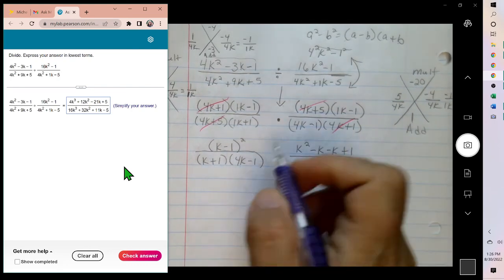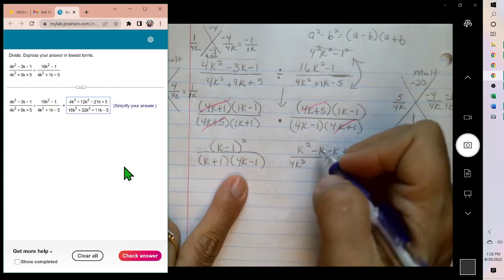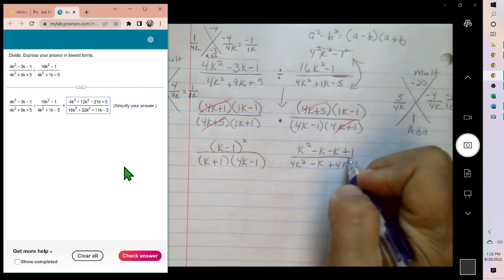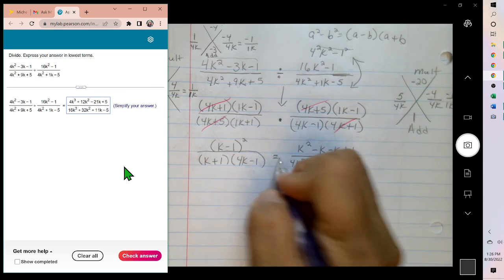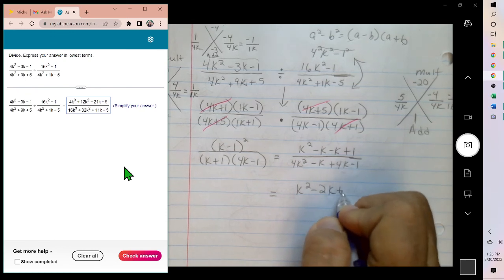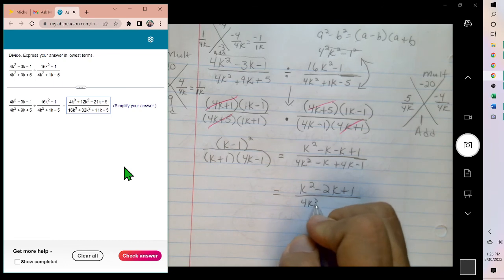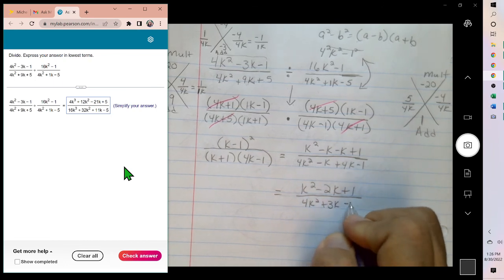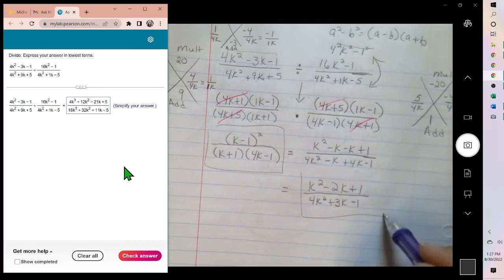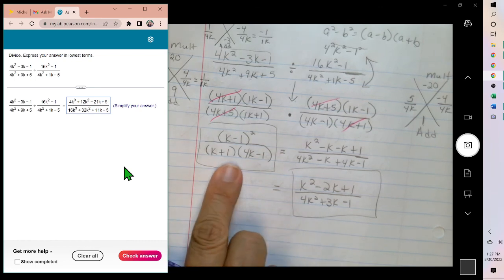And if we FOIL this one, we get 4k squared minus k plus 4k minus 1, which would be 4k squared plus 3k minus 1. I would accept both answers. I'm not sure if my math lab will use the factored form.